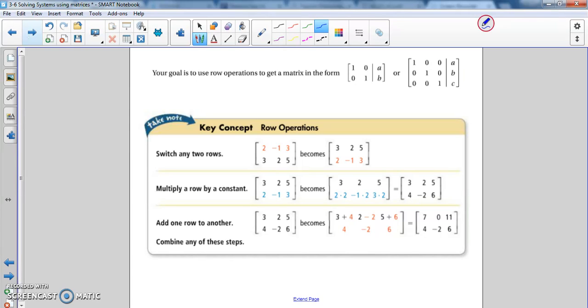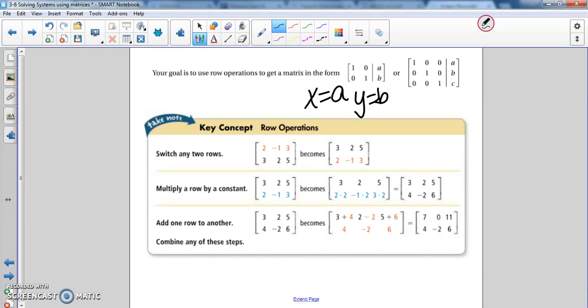So, notice, the first matrix represents the system x equals A and y equals B, which will then be the solution of a system of two equations in two unknowns. The second matrix represents the system x equals A, y equals B, z equals C.